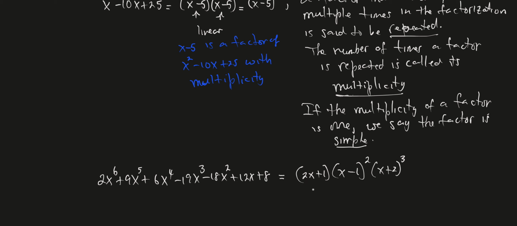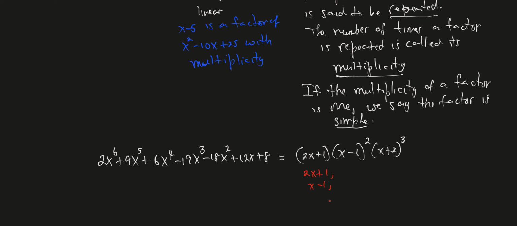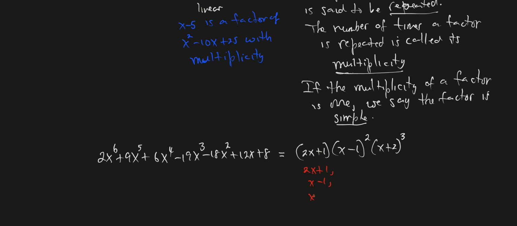These are all linear factors, the 2x plus 1, the x minus 1, and the x plus 2. But they each have a different multiplicity. The 2x plus 1 only shows up once in this factorization, and that's why it's raised to the first power.